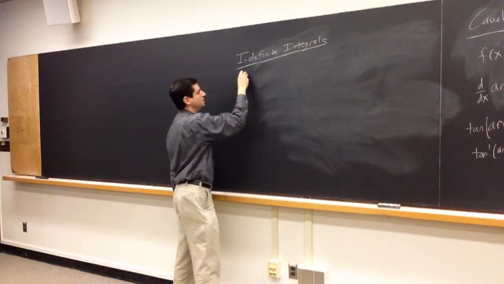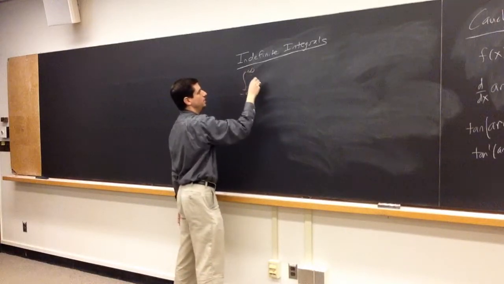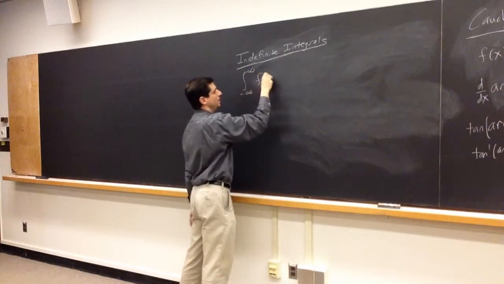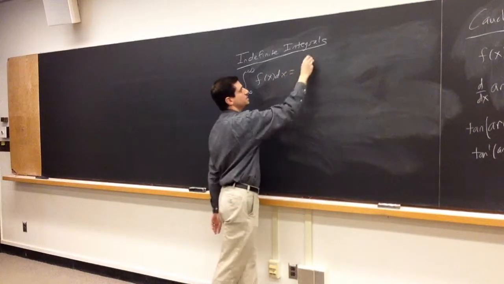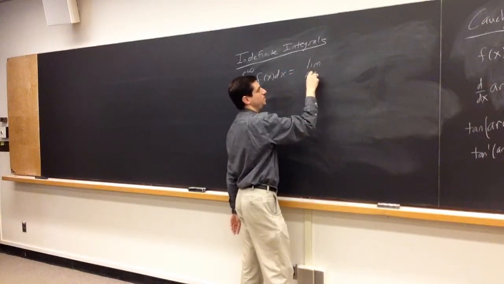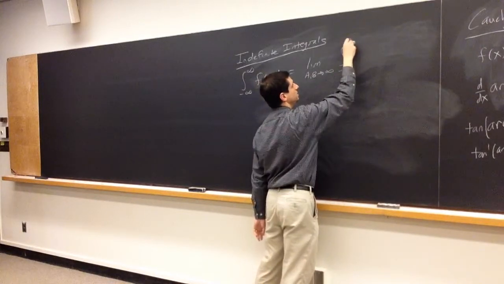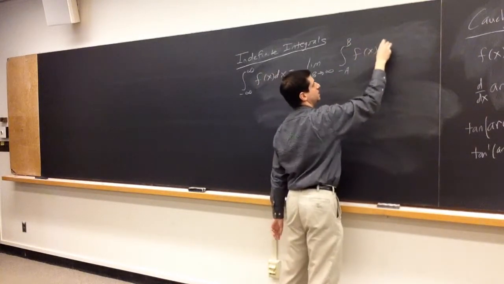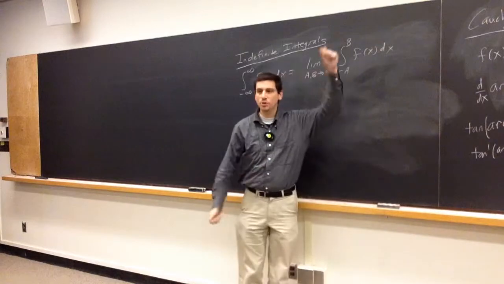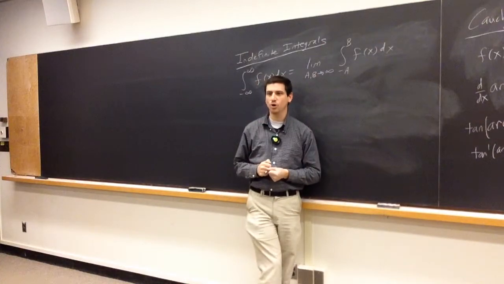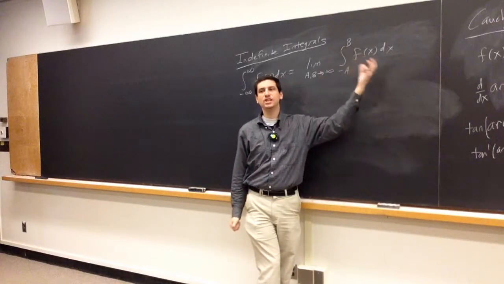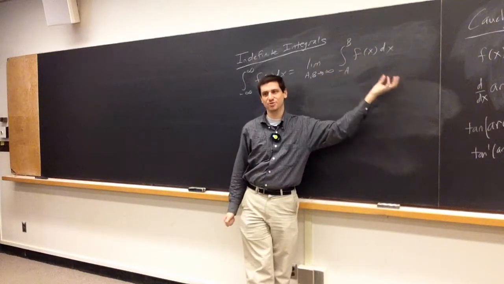So let's look at the integral from minus infinity to infinity of f of x dx. This is the limit as a and b go to infinity of the integral from minus a to b of f of x dx. So I allow the endpoints to go to infinity any way they want. What do you think is a really good way to go to infinity for the Cauchy distribution?